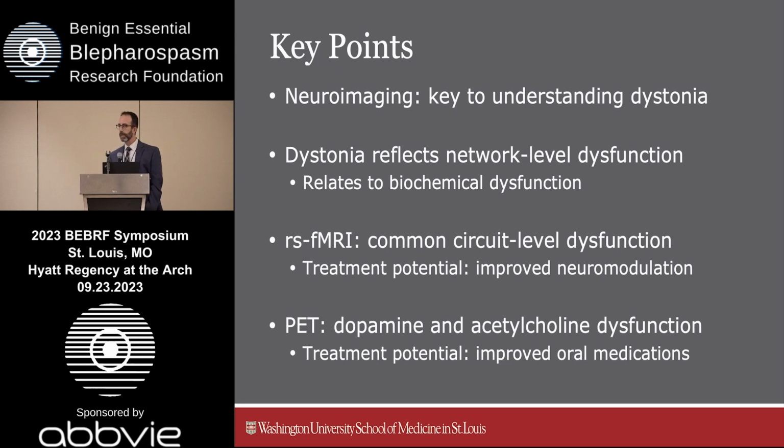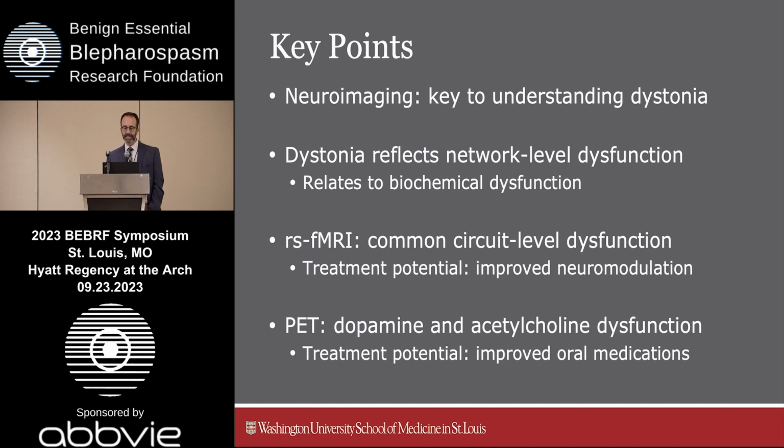What's happening at the muscle level, what's happening at the nerve level, and how can we treat it? But if we can really tap into this brain dysfunction, this ideally is the best way to approach long-term treatment and hopefully a cure. Dystonia reflects network-level dysfunction, and this network-level dysfunction relates to biochemical dysfunction. And so using that knowledge of network-level dysfunction to tap into the specific chemicals that we might be able to treat with drugs is very important.